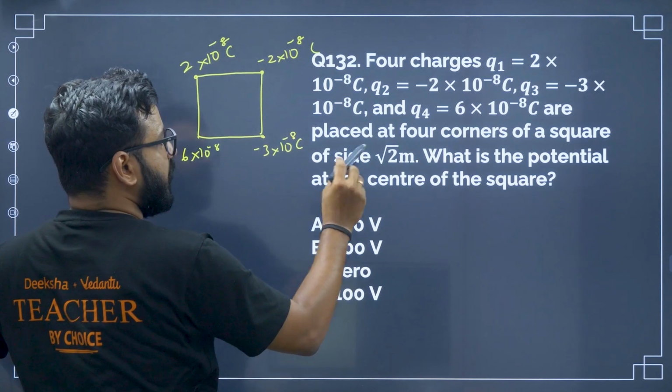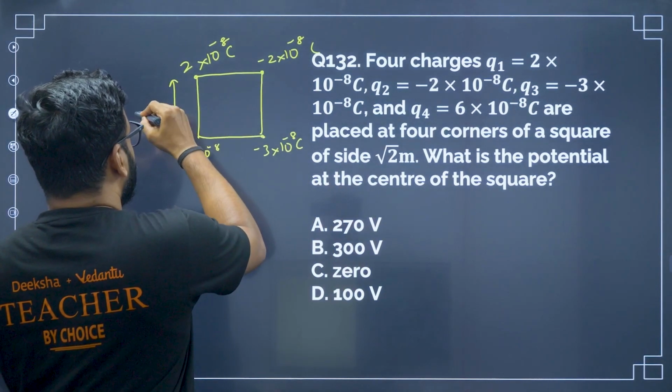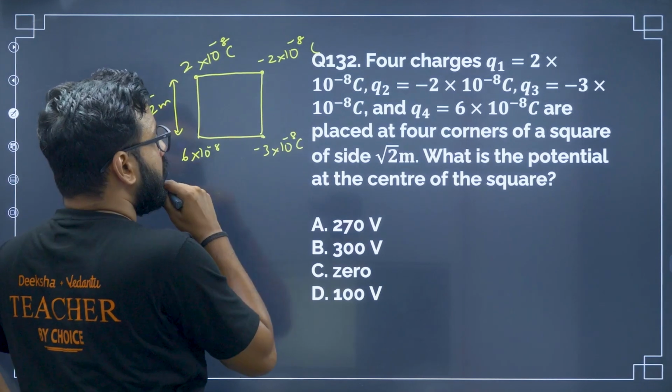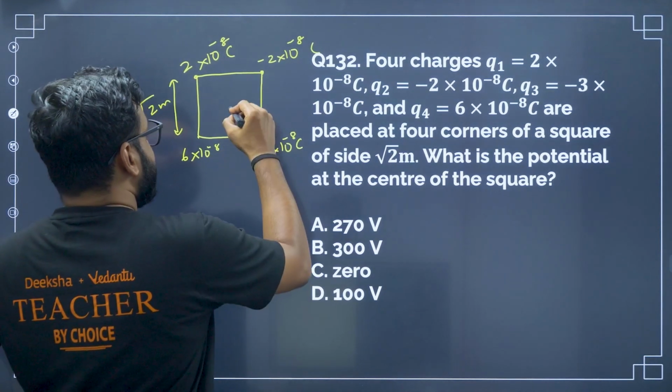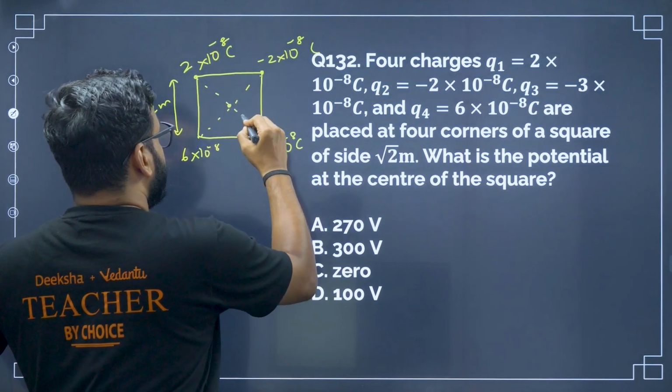They are placed at 4 corners, and the side distance is root 2 meters. What is the potential at the center? At the center means at the midpoint of the diagonals.